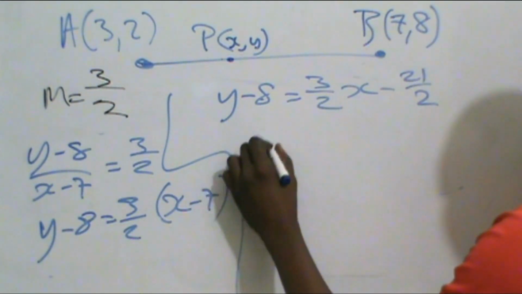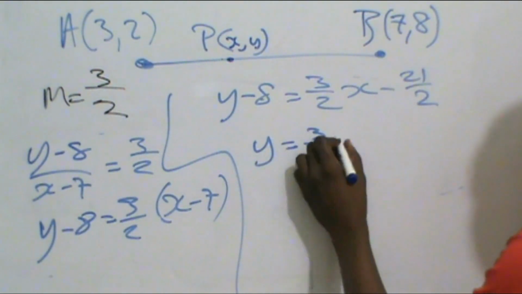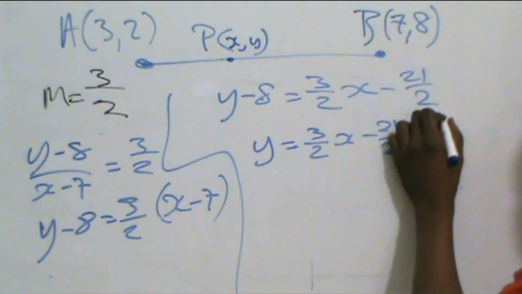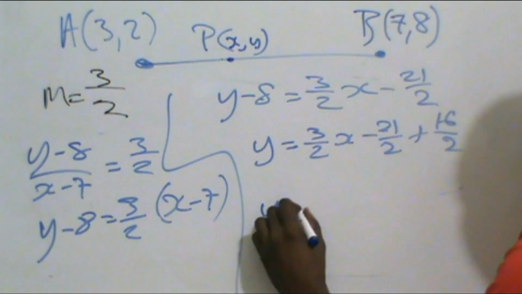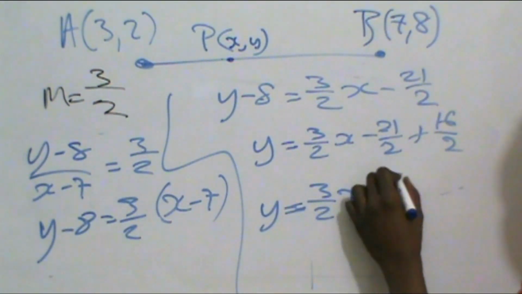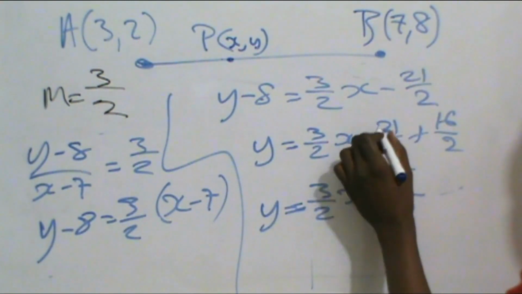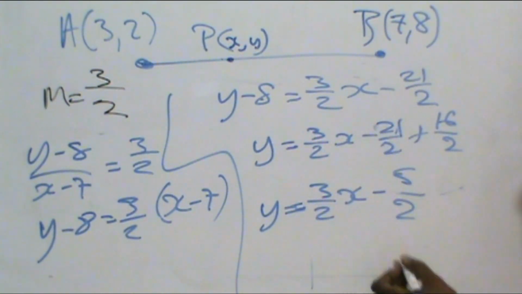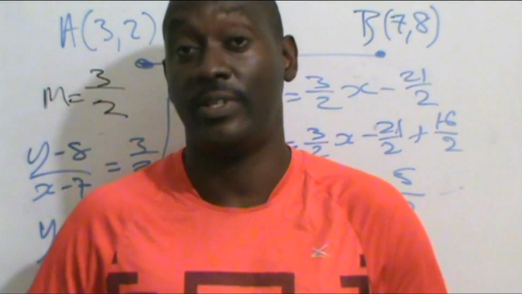So y is equal to 3 over 2 x minus 21 over 2 plus 16 over 2, since 8 is 16 over 2. So therefore y is equal to 3 over 2 x minus 5 over 2. Alright? This is minus 21 over 2 here. So we have the same equation: y is equal to 3 over 2 x minus 5 over 2.